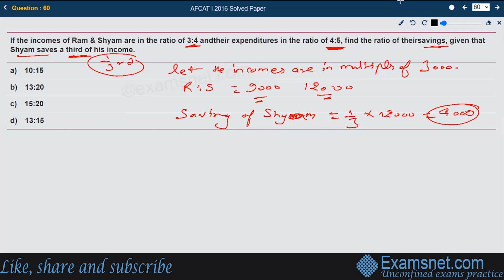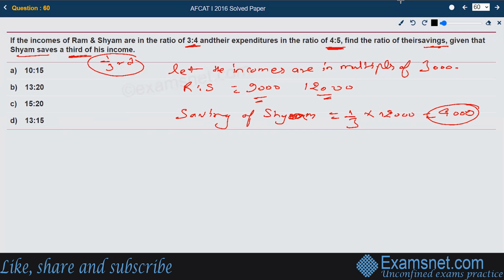Now let's find out what is happening on the other side, the expenditure. We are supposed to find the ratio of their savings, and their expenditure ratio is 4:5. The saving of Sham has been already logged as 4,000.